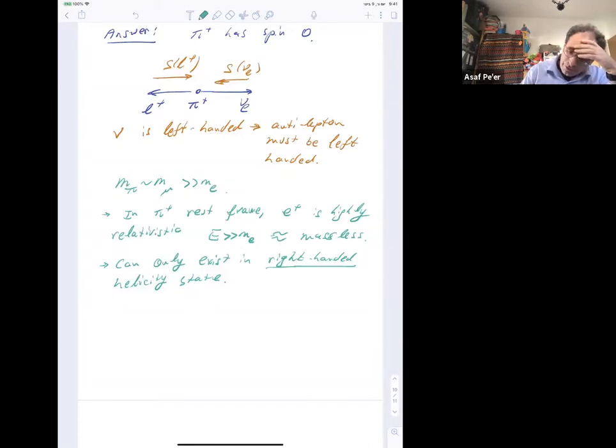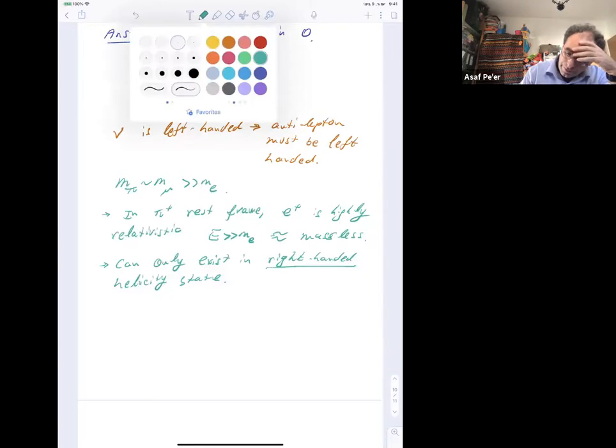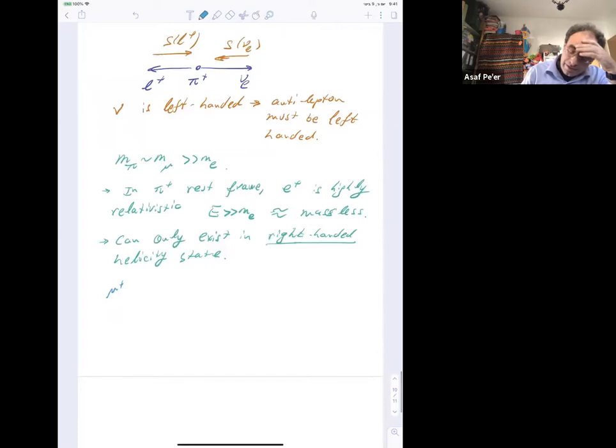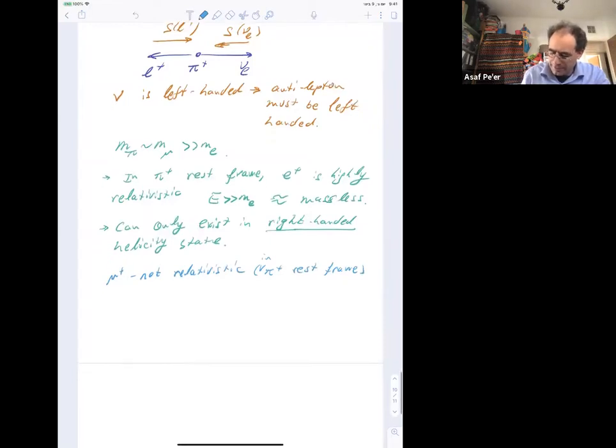On the other hand, if we're looking at the muon, mu plus, it's not relativistic, again in the pion rest frame. Because it's not relativistic, it can exist in both helicity states.